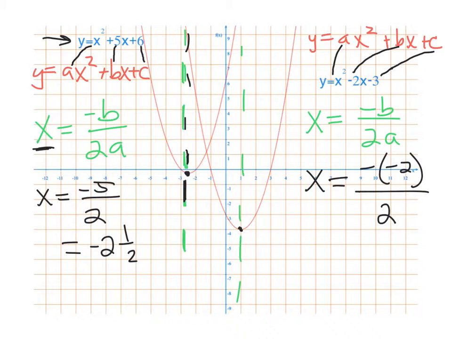So here we have the fact that our equation says take the negative of our b value, and our b value is negative, so that means we have a positive 2 divided by 2, so x equals 1. And again, we recognize here that our axis of symmetry is along the line of x equals 1.